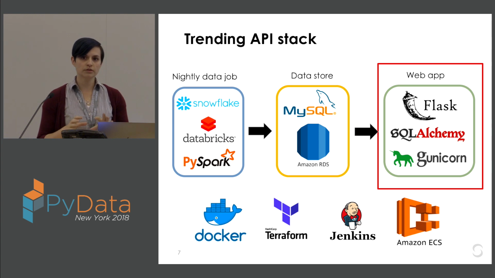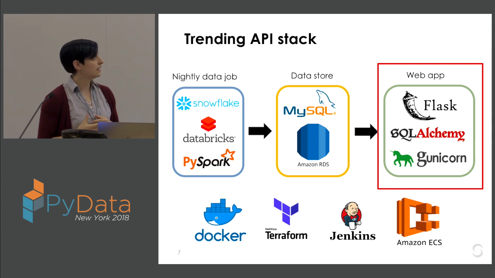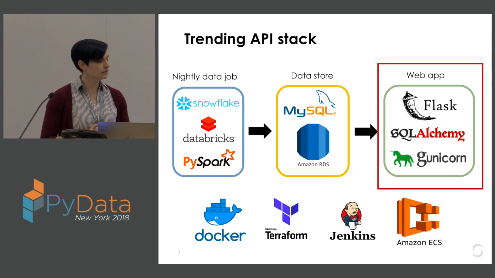We then store the trending results in AWS RDS in a MySQL database. Those are very optimized for being hit by an API, so it's much faster than using a data warehouse solution like Redshift or Snowflake. And then we have a web app built in Flask that uses SQLAlchemy to query the database, and Gunicorn is the web server in front of it.